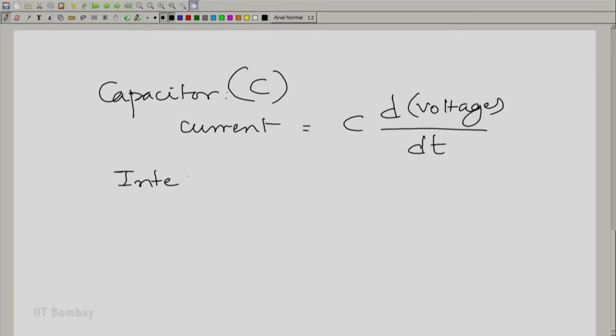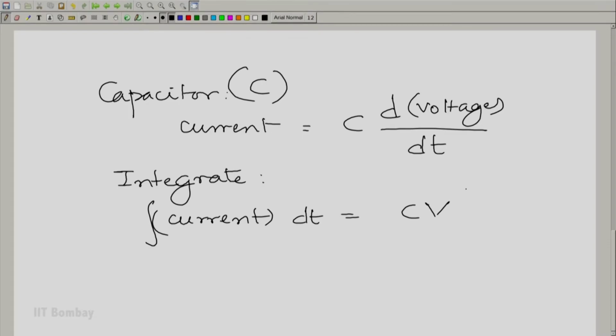And if I integrate both sides, then the integral of the current with respect to t is, in principle, C times V. So, in some sense, there is an integration operation involved on the equation of a capacitor.